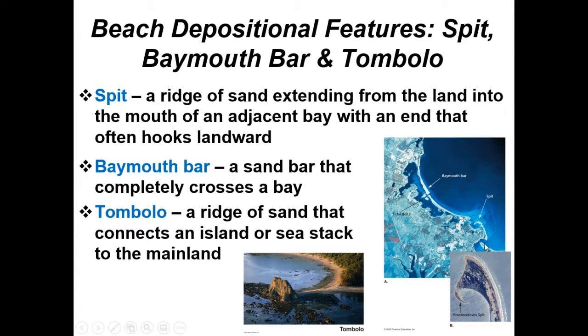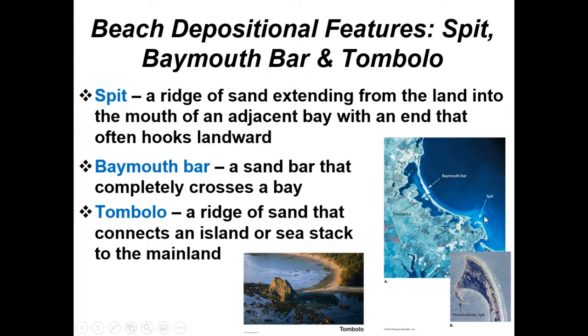So first we'll start with a spit. This is basically a ridge of sand that extends out from a land area into a little bay area. And at the very end of the spit is what looks like a hook that's hooking inward toward the bay. And that's right here, you can see that hook. That hook forms because of the way that water slows down as it comes into that bay.